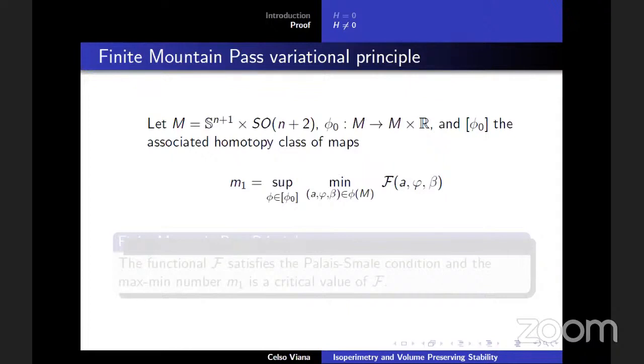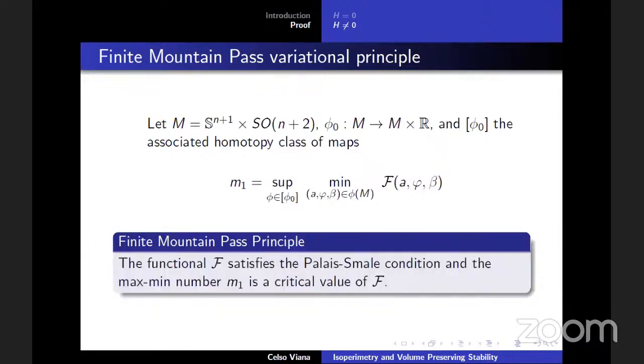And so the goal is to show that this number is a critical value for the functional. It turns out that the key thing you need to check in order to conclude that is that the functional f satisfies the Palais-Smale condition. The Palais-Smale condition is a condition on a sequence of points on your manifold where the functional is bounded on the sequence, and the gradient of the functional evaluated on this sequence is getting close to zero.